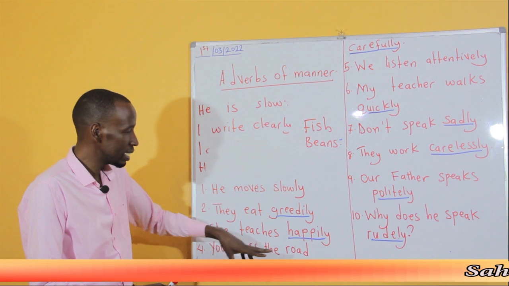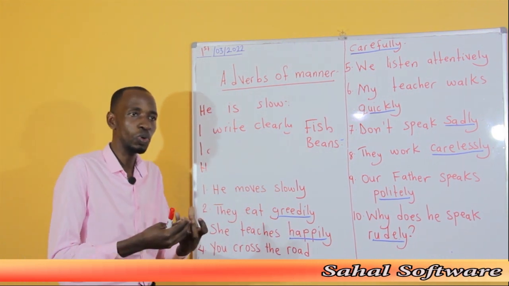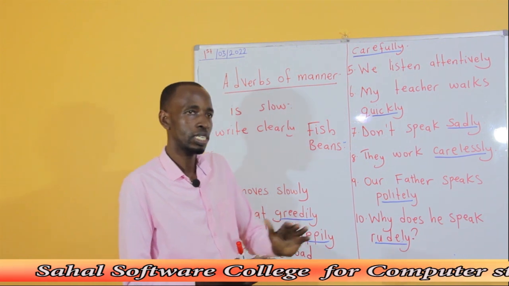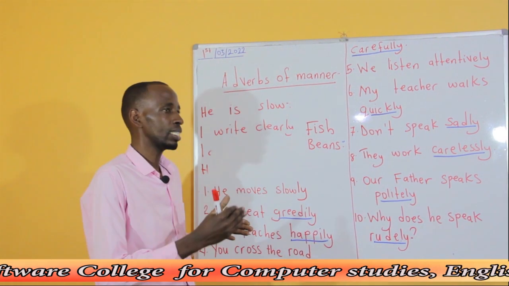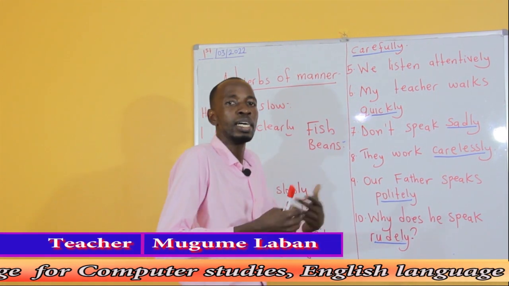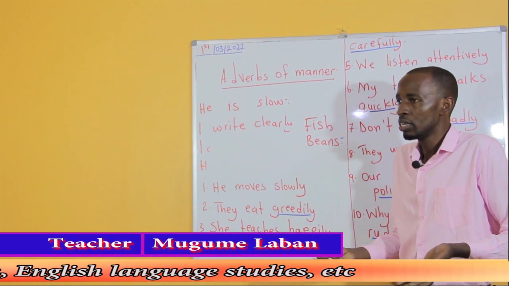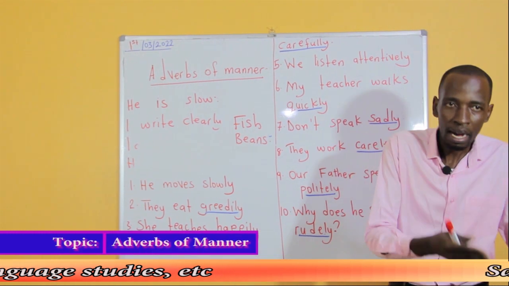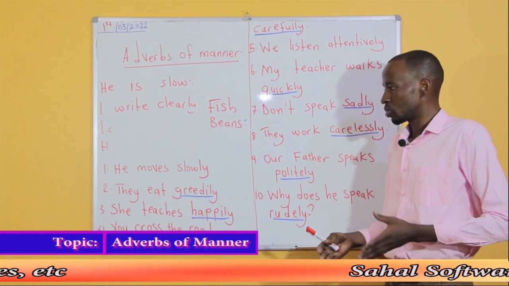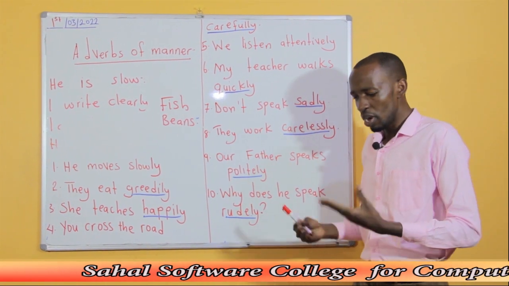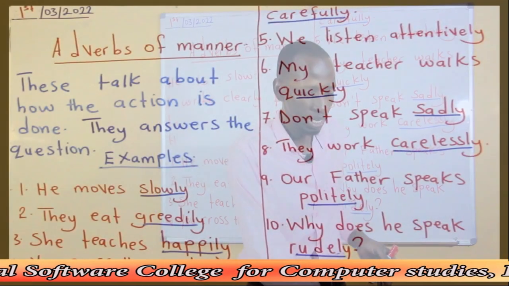If Teacher Laban teaches happily, then I'm trying to show you how I do the action. How do I do the action? I teach happily. They teach happily. They walk happily. You speak happily. So that is how you do that. So when you are using adverbs of manner, don't forget about that.